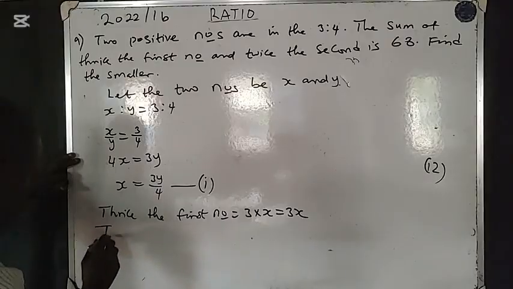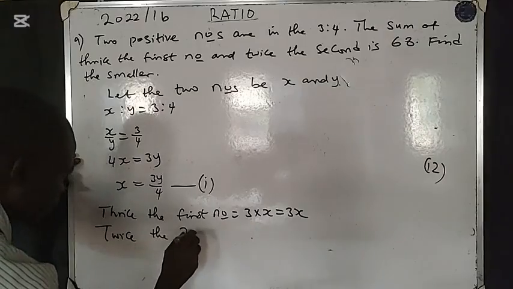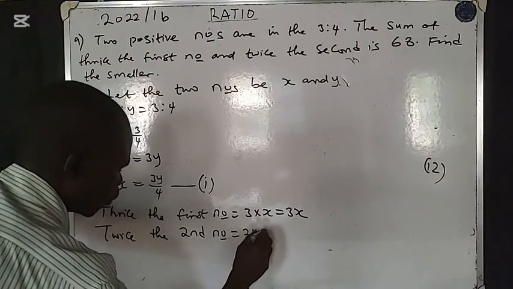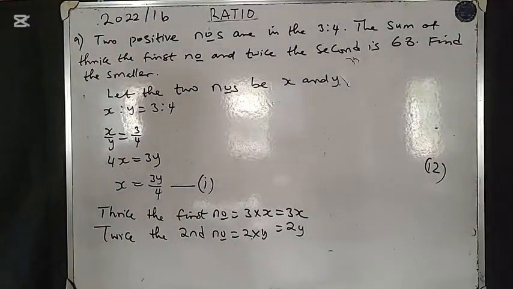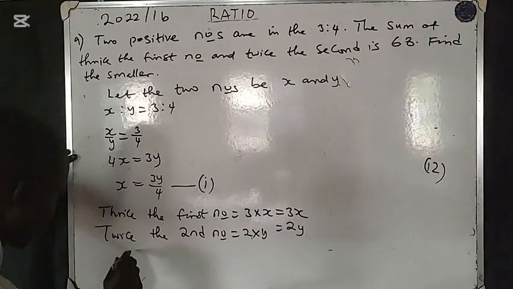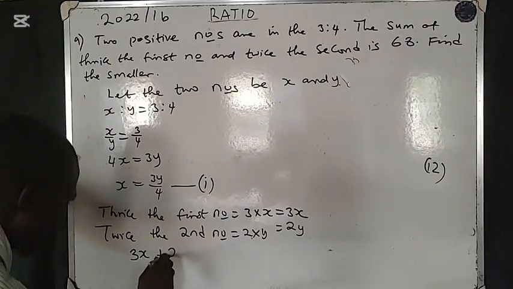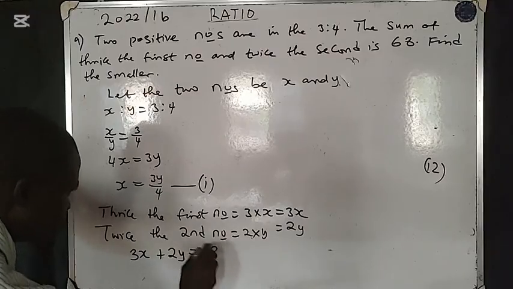Twice the second number will be 2 times y, which will be 2y, right? And we are told the sum of the thrice the first and twice the second is what? 68. Meaning thrice the first, 3x, plus twice the second, 2y, equals 68.